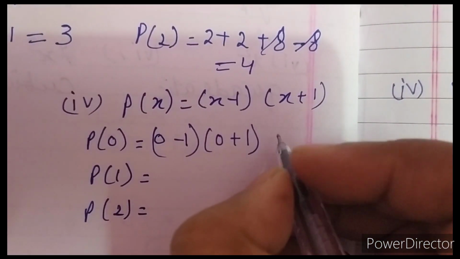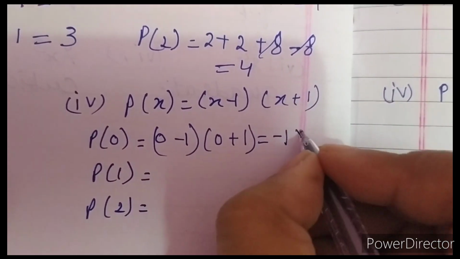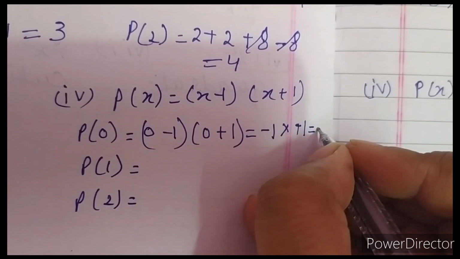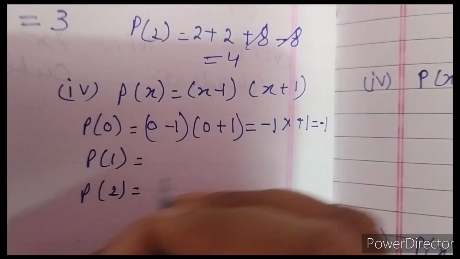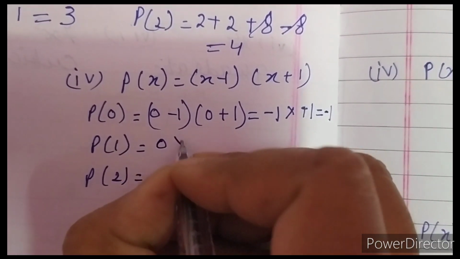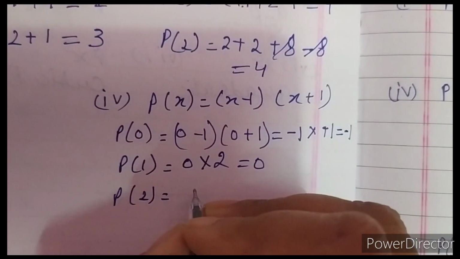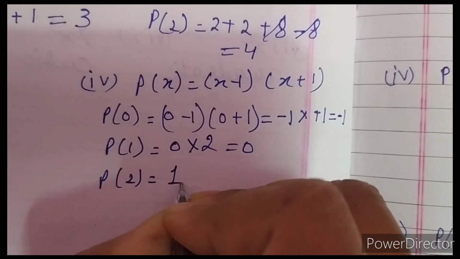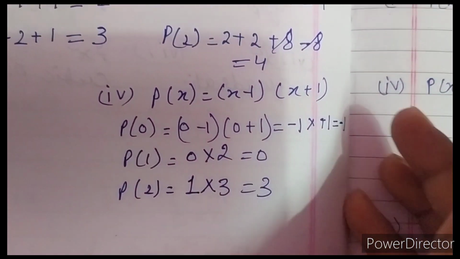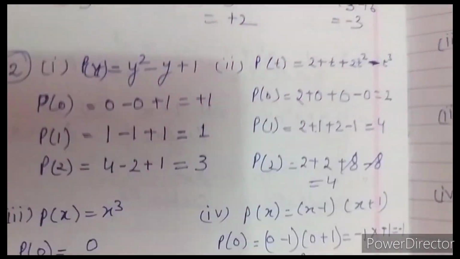So that will be equal to −1 multiplied by plus 1 and that will be equal to −1. If x is 1, then 1 minus 1 is 0 into 1 plus 1 is 2, 2 zeros are 0. If the value of x is 2, 2 minus 1 is 1 and 2 plus 1 is 3, so 3 ones are 3, equal to 3. So these are the values of p(0), p(1) and p(2) of the following expressions.